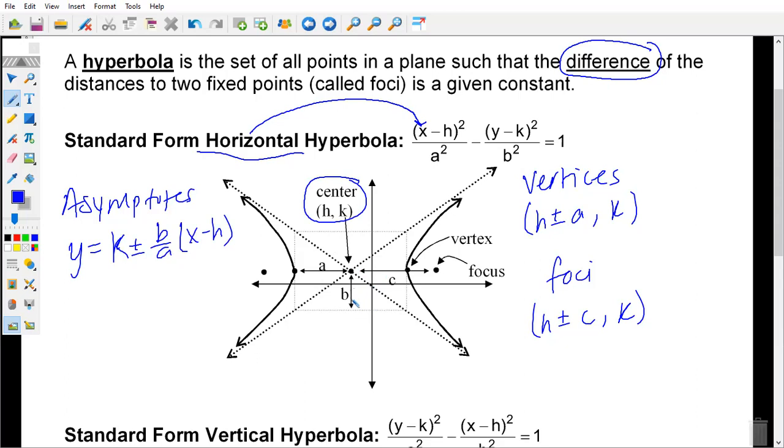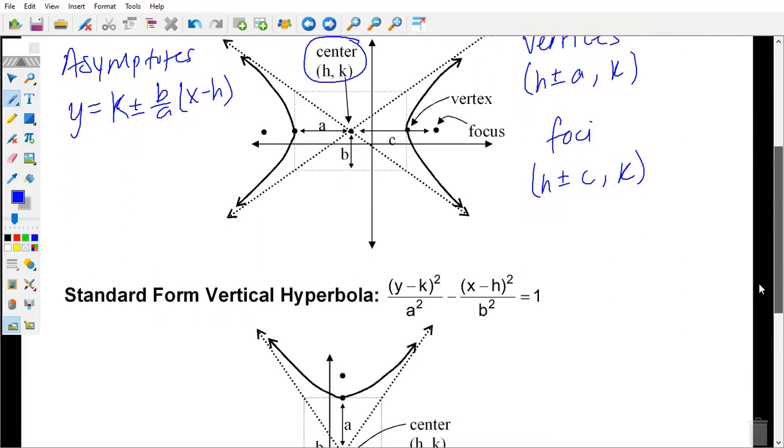If you look right here, do you remember how slope was rise over run? So this is our rise, so we're rising and then we're running. All right, and that's your asymptotes.